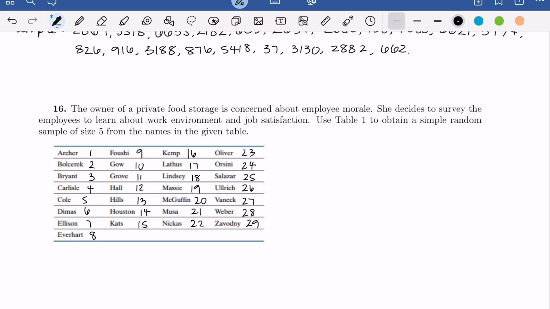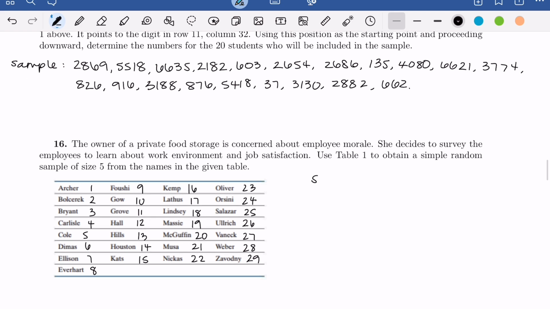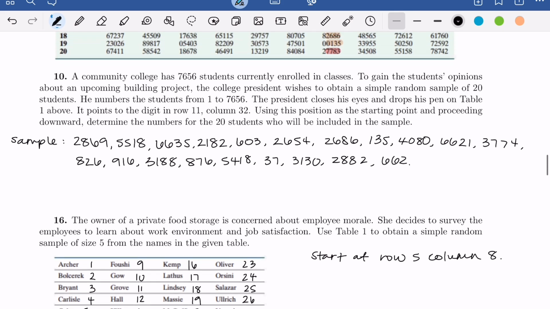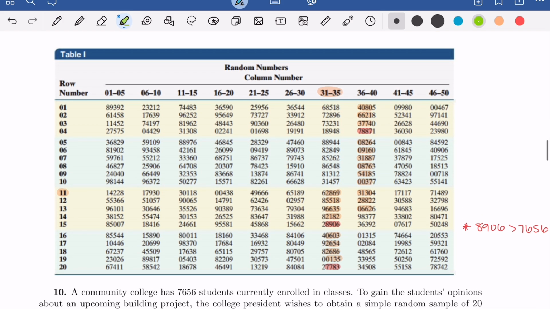So in this case, we're not told what our starting position is, but let's say we're going to start at row 5, column 8. All right, so that's going to be our starting position. We'll use a different color for this one. We're still going to use the same table. So if we're starting at row 5, that'll be here in green, and then column 8 is going to be here. So that position is going to be this guy.